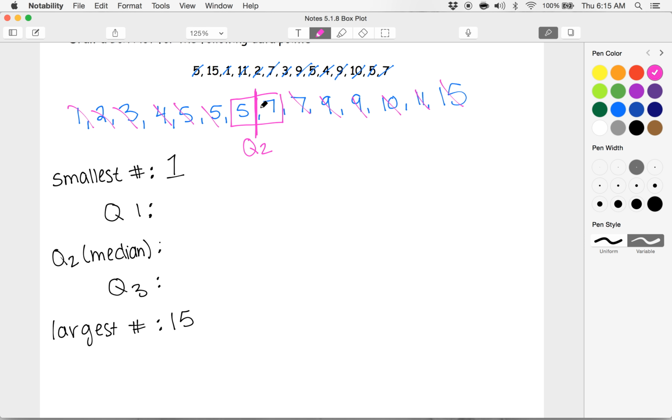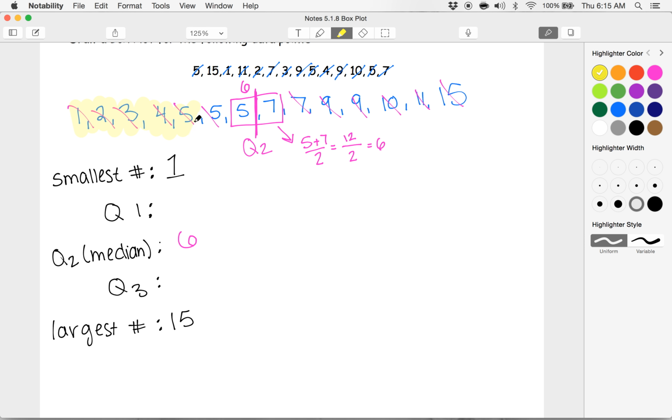Now, I can think what number is between 5 and 7. What's right in the middle? And I can see that it's 6. Now, if you can't see it's 6, what you can do is add them and divide by 2. This gives me 12 over 2, which gives me 6. So quartile 2 is 6.